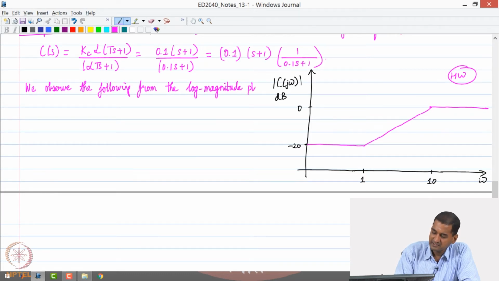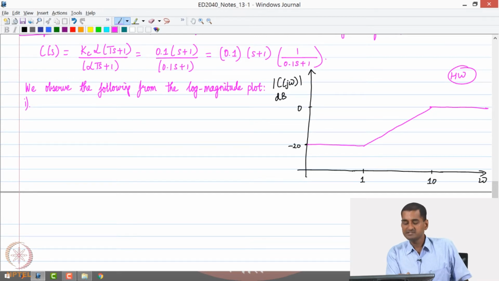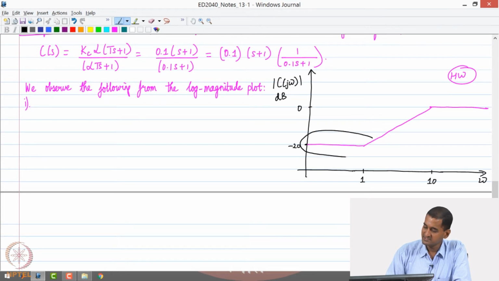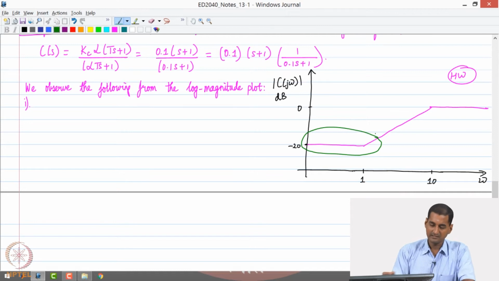We immediately observe that this particular lead compensator is going to essentially attenuate or decrease the magnitude of the low frequency components, because the low frequency components of the signal are going to be attenuated by the lead compensator. That is something we can immediately observe: the low frequencies are attenuated here.